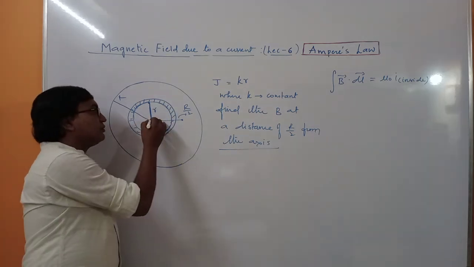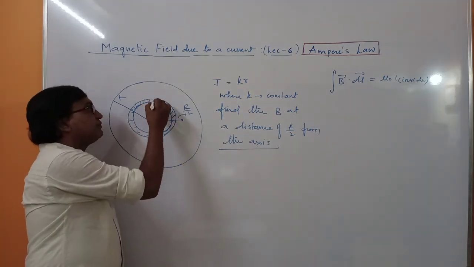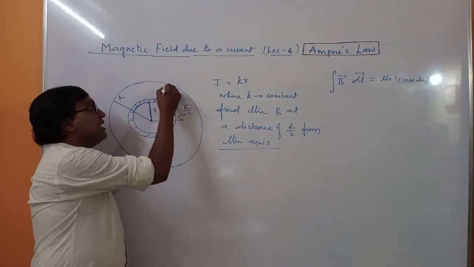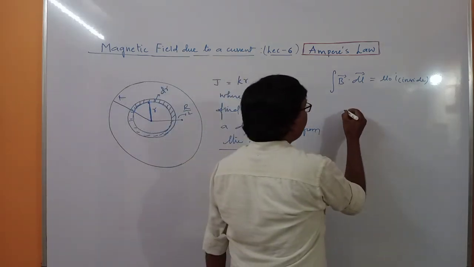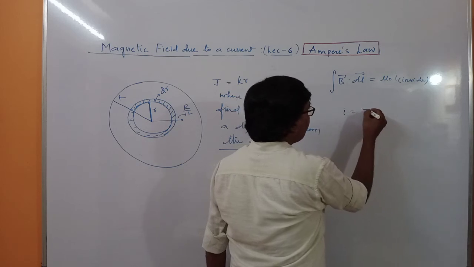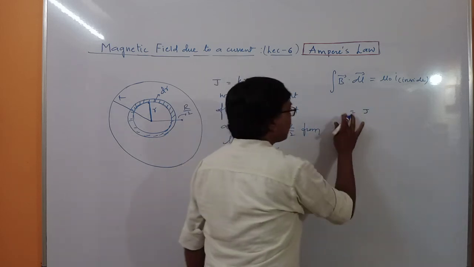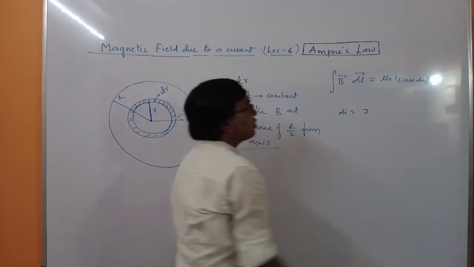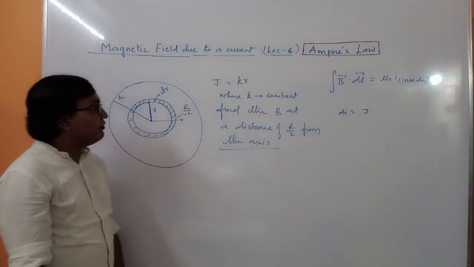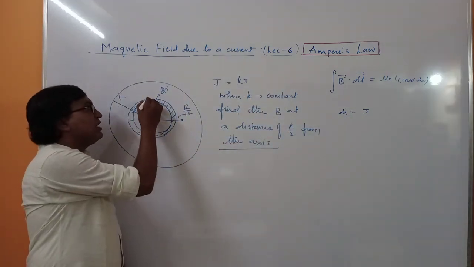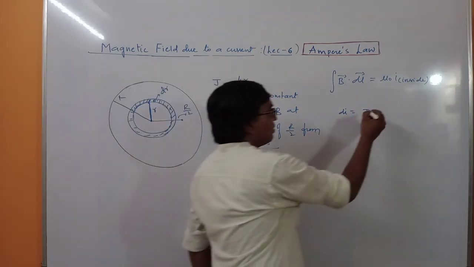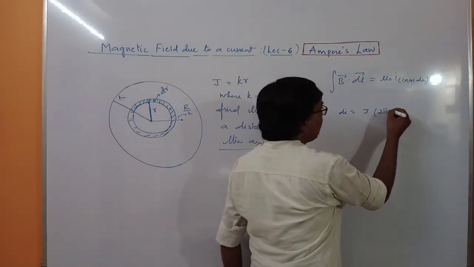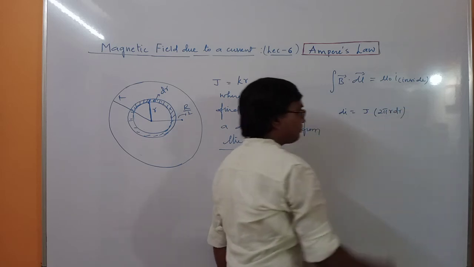Its radius is r and its width is dr. Then the small current dI will be equal to J into this area. This area will be 2 pi r dr.